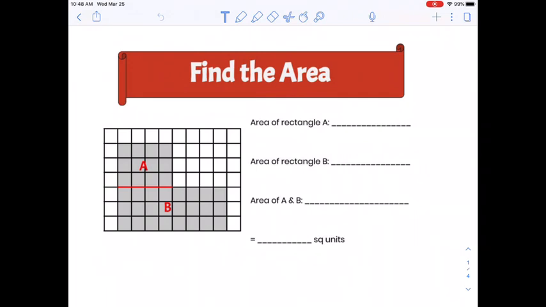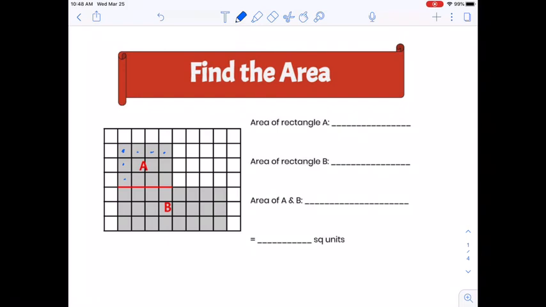figure. So for this one, I've already broken it up for us into rectangle A and rectangle B so that we can look at each part. Let's look at A first. We can see that A has 3 rows, and in each row there are 4 squares.